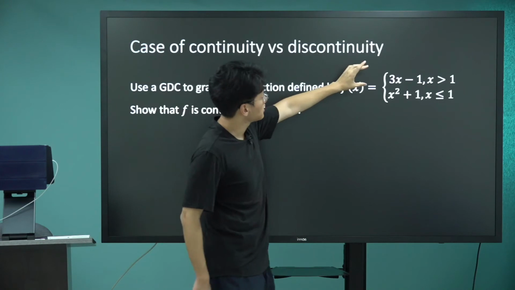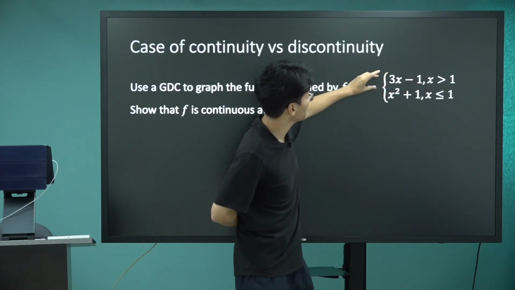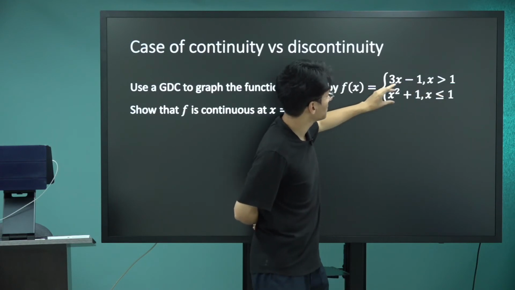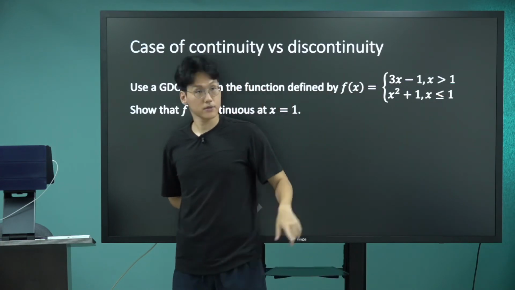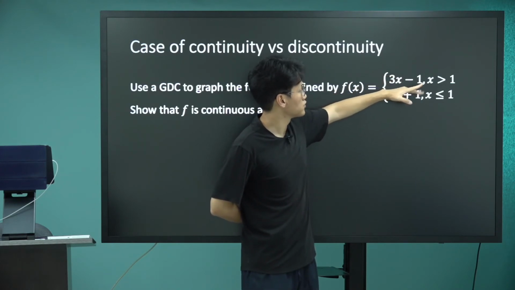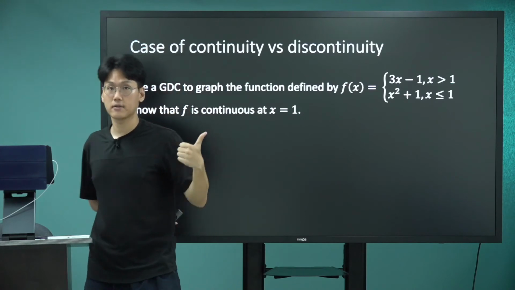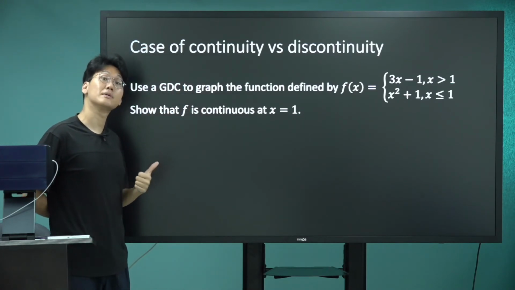The left limit is coming from the left hand side, and then the right limit. So if I plug in x equal to 1, that's just 3 minus 1, that's 2. If you put 1 in here, 1 plus 1, that's 2 as well. So the left and right limits exist, and they happen to be 2.